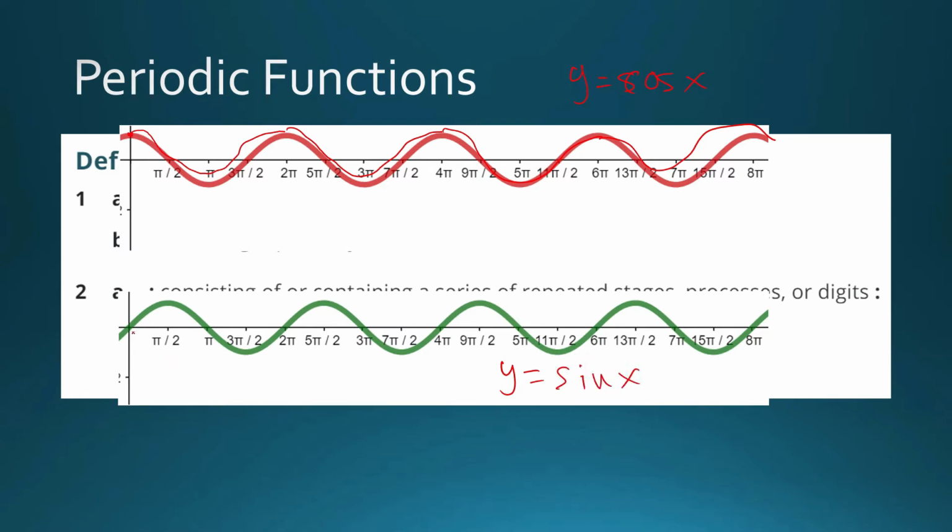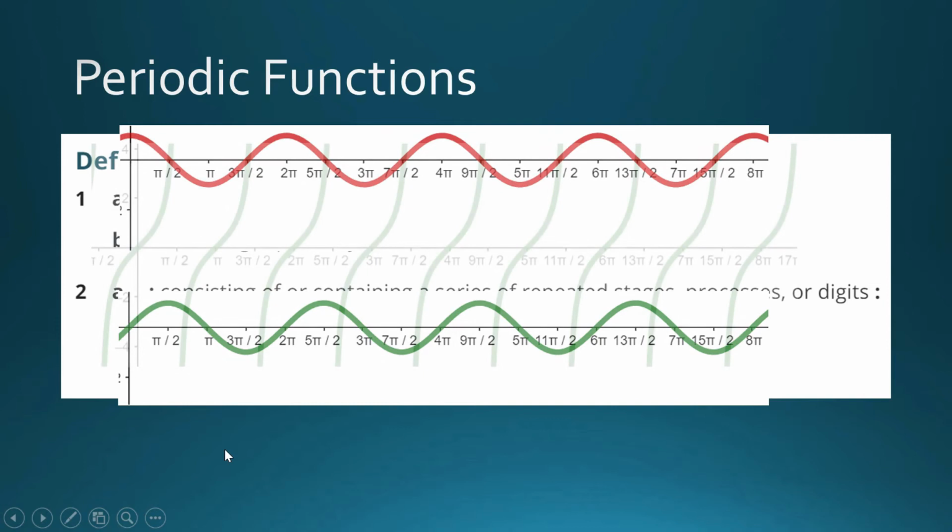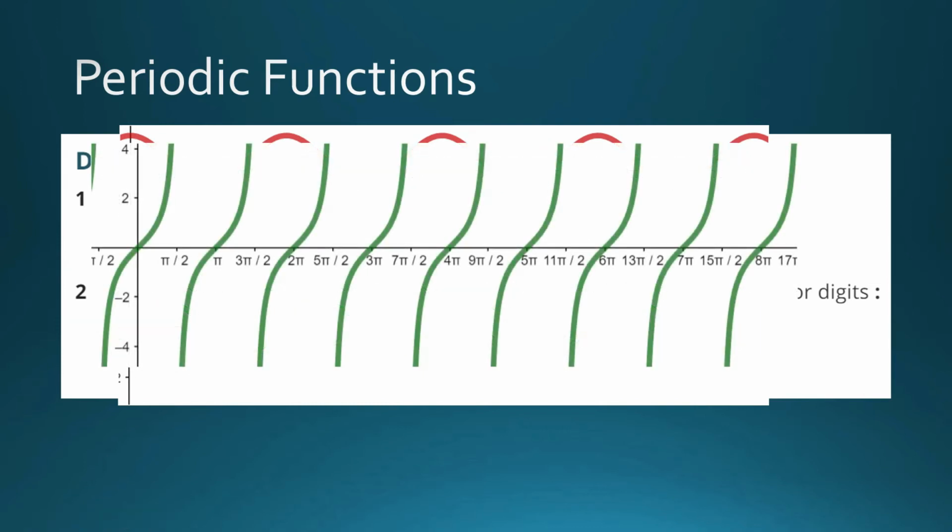So again, let us trace one sine curve. Starting from this point, when x is 0, sine of 0 is 0. That is one sine curve. And then it repeats the pattern. The same must be said of your tangent function. Look at this.